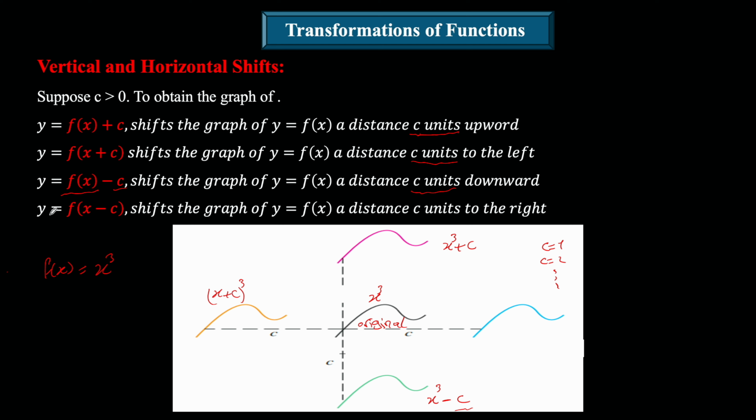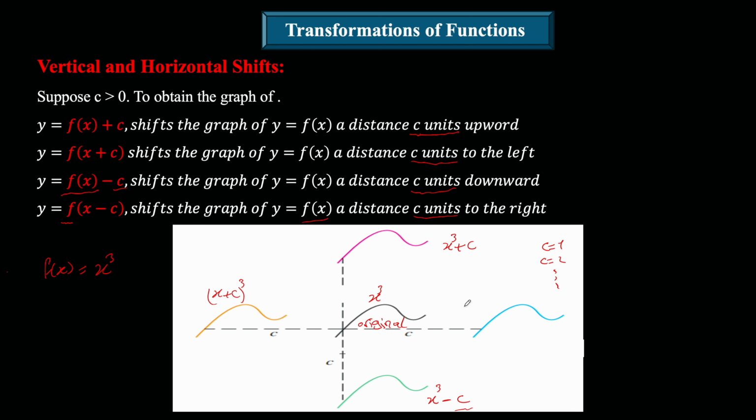Now the last property is y is equal to f of x minus c. You see, my c is included into the function. c is included with the function, meaning any operation done on x will be done also on c. So this shifts the graph of y is equal to f of x a distance c units to the right, meaning we have x minus c.